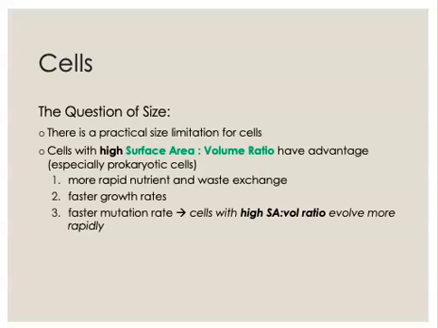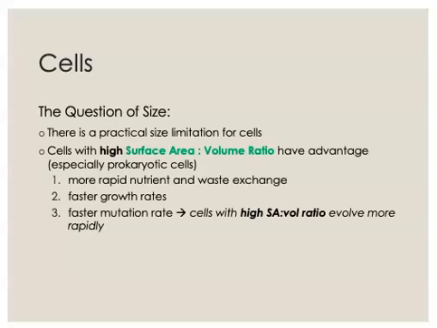The answer has to do with surface area and volume, and how those two things relate to each other in a living cell. It turns out that cells that have a high surface area to volume ratio have an advantage.